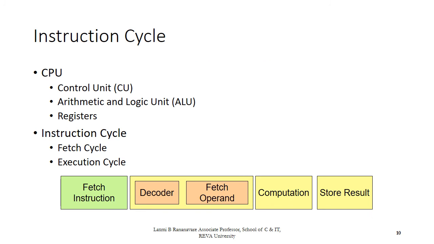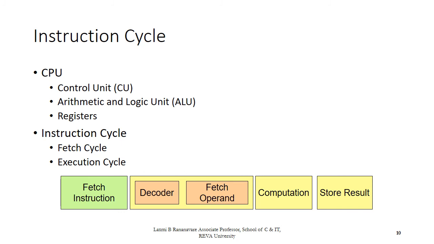Next, you are going to see what is instruction cycle. When you write a program, those are the set of instructions in a program. When you want to execute this program, it must be loaded into the main memory. Now when you load the user program into the main memory, you want to run it.